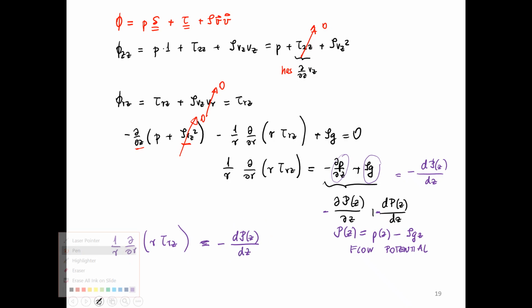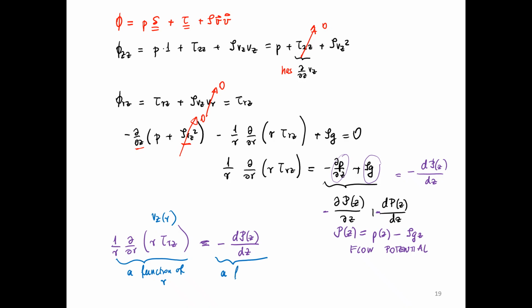I'm going to recognize that the left-hand side depends only on radius r, because tau rz involves velocity derivatives, and the only velocity that actually has anything is the vz, and vz is a function of r only by assumption. And on this other side, I have a function of z.